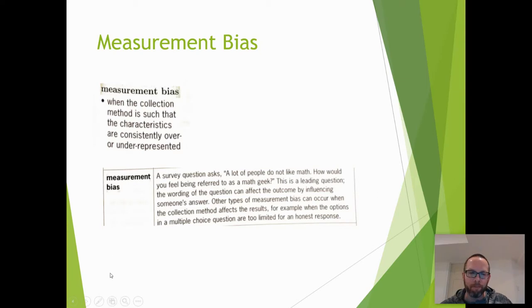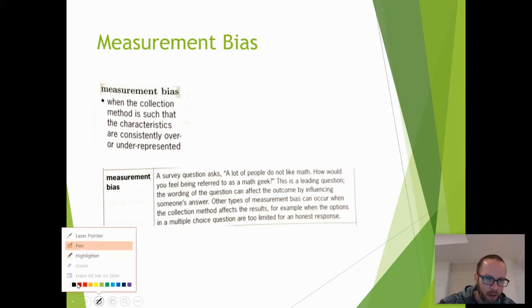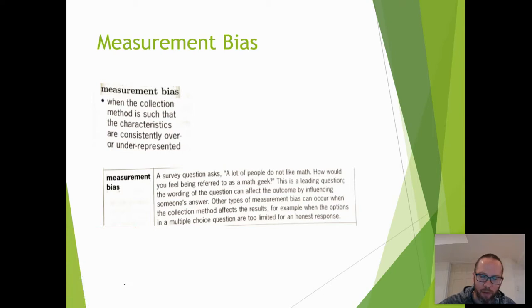So for example, I think I gave this example before, the White House a couple of years ago had a survey. Just imagine if you had this and imagine you had these three options. What kind of job do you think the president is doing?